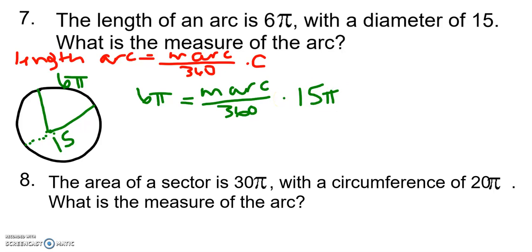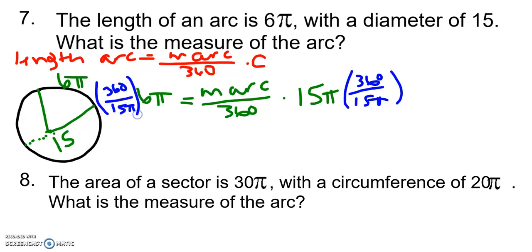So here we want to solve for the measure of the arc. So we can do that by multiplying by 360 over 15 pi on both sides. And when we simplify that out, our pi's here will cancel, and we will end up with 144 degrees equals the measure of the arc.